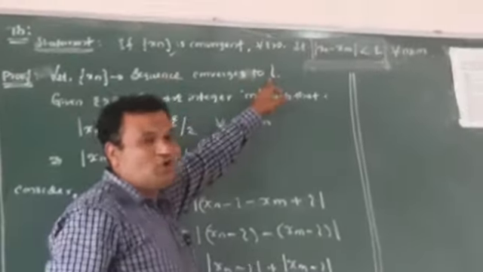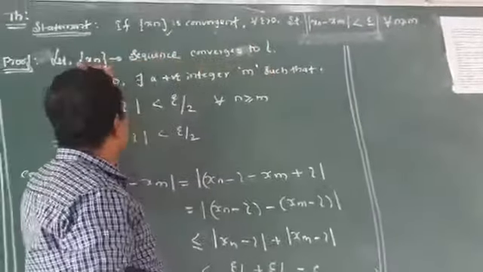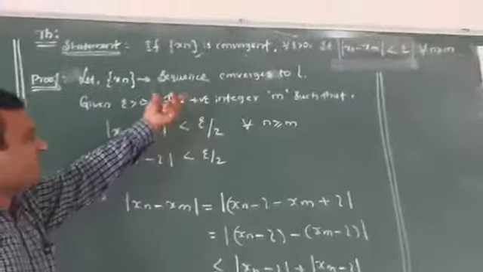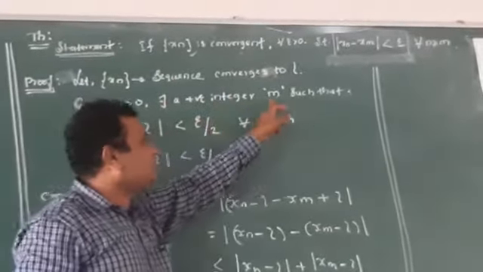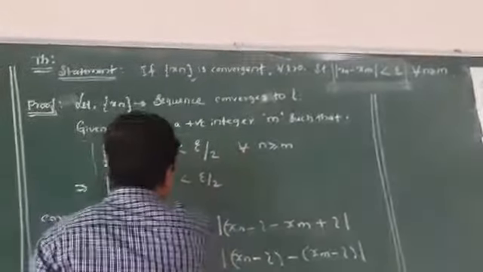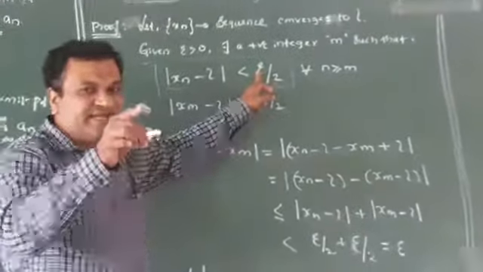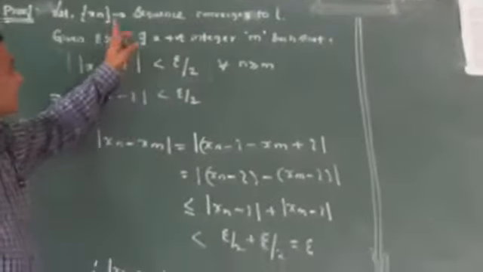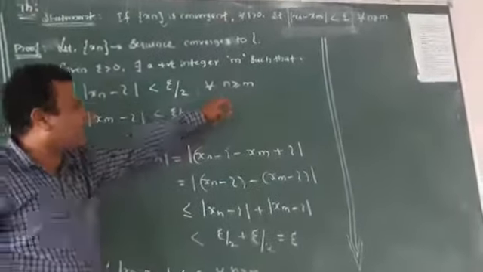Let it converge to L. A convergent sequence tends to a finite quantity, so we are considering it as L. According to the limit definition, for epsilon greater than 0, there exists a positive integer n such that the modulus of Xn minus L is less than epsilon by 2 for every n greater than or equal to N.